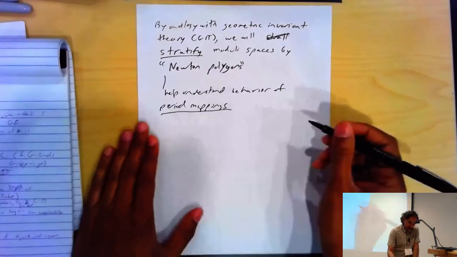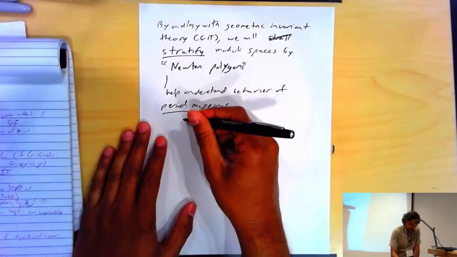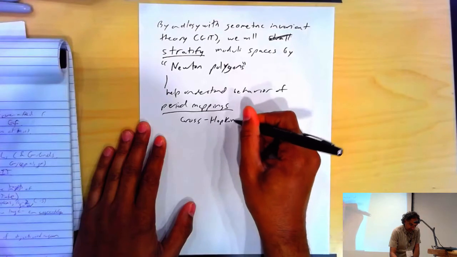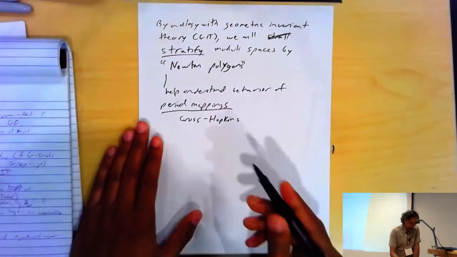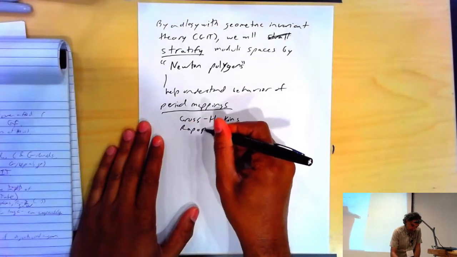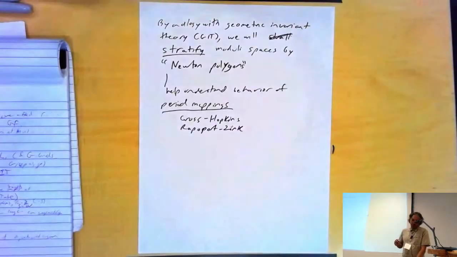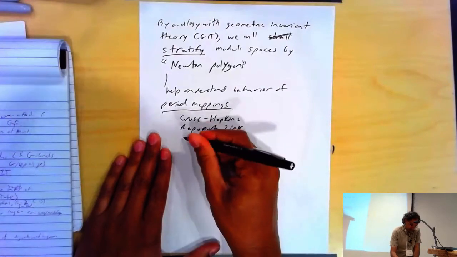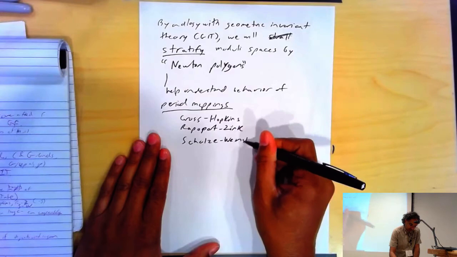And just to give a few examples of names that can be associated with these things. One of the earliest examples is the Gross-Hopkins period map that came out of studying formal groups. Then this was generalized by the work of Rapoport and Zink that Peter alluded to in his original lecture. And nowadays we have more examples. There's a nice period mapping in the paper of Scholze-Weinstein on p-divisible groups, for instance.